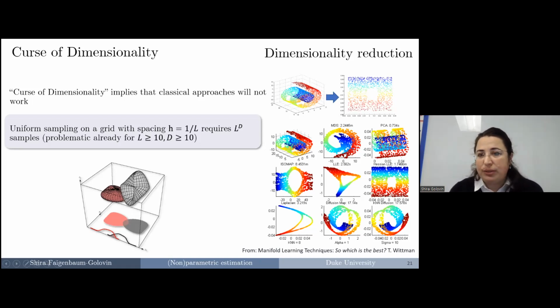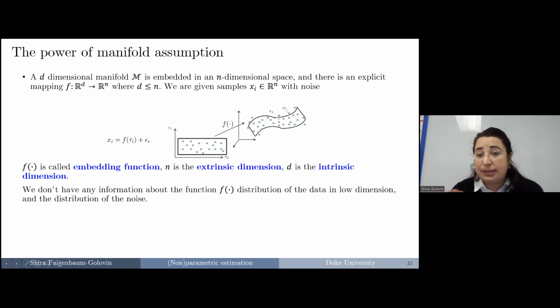So instead of performing dimensionality reduction, let us stay in the high-dimensional case and let us think about our data as sitting on a manifold. Just a short reminder of what a manifold is. So basically, we have some data points that were sampled in a lower dimension.